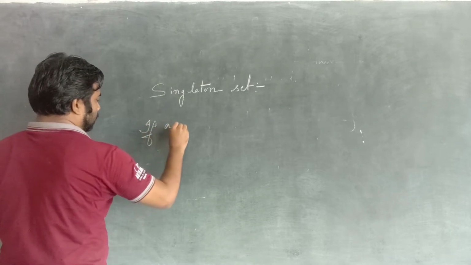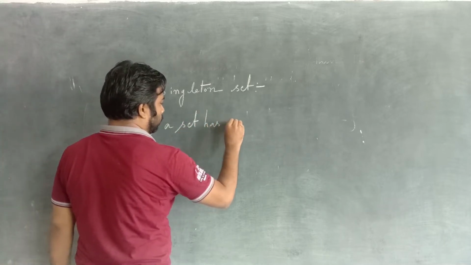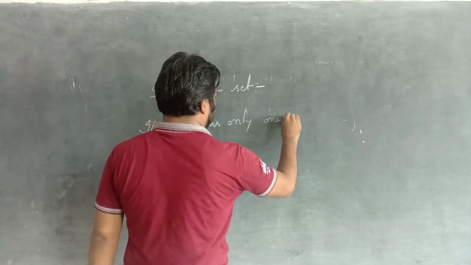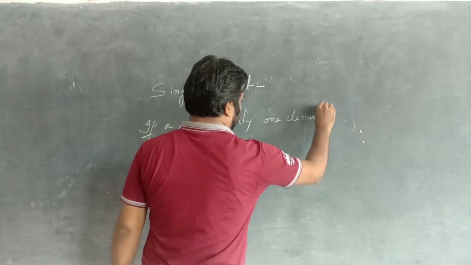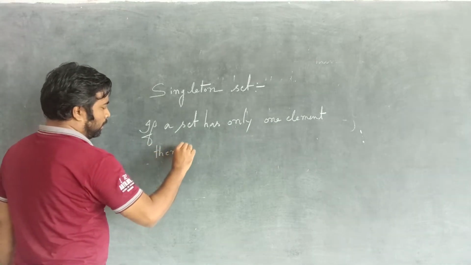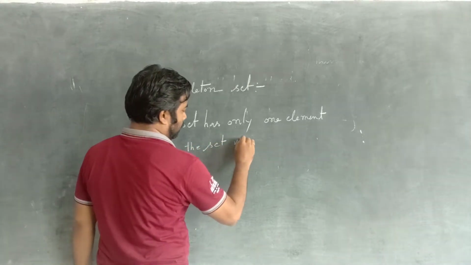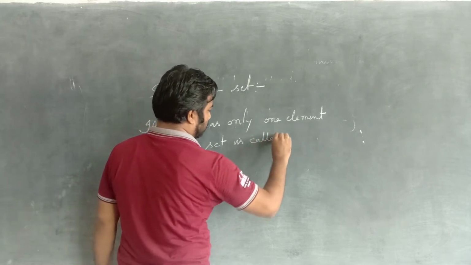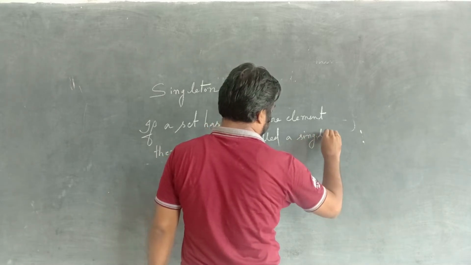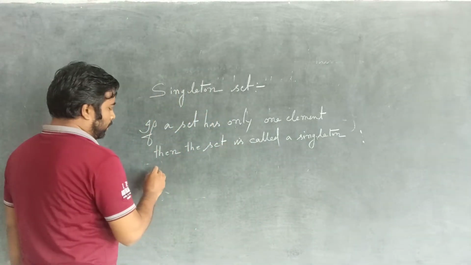If a set has only one element, then the set is called a singleton set.